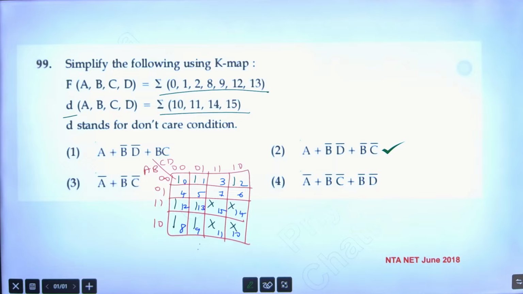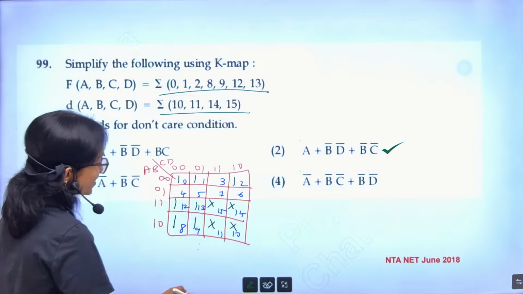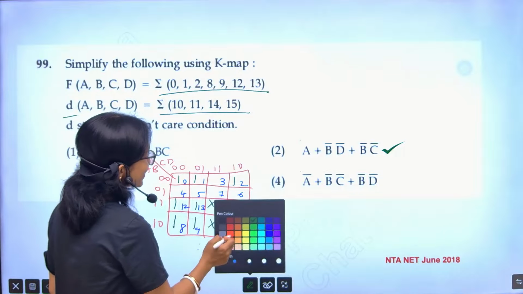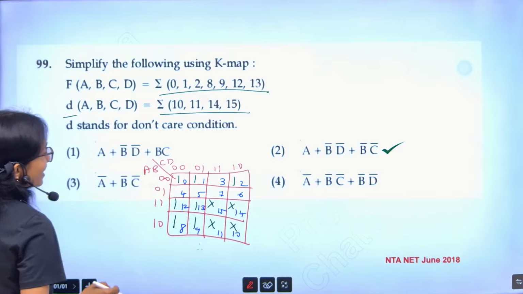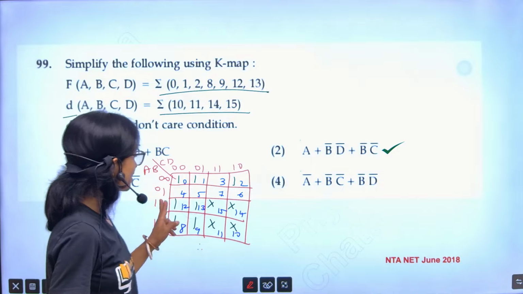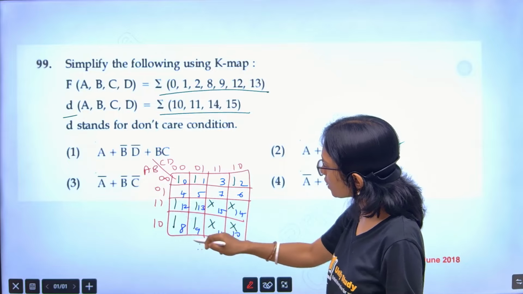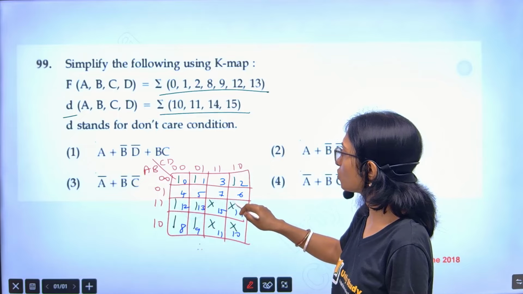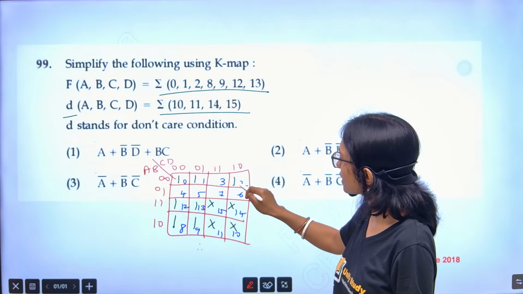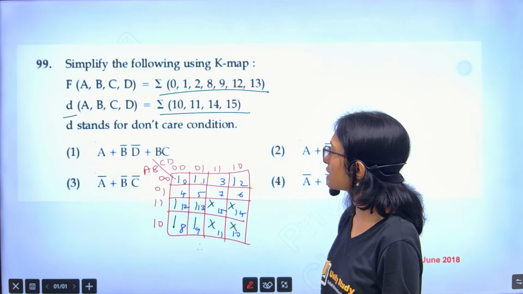Now you have to see how I am able to make the grouping. Okay, now you see that. Here I have to see this one. All these should be wrapped. I can do that. But still these 1, 1, 1 are left.